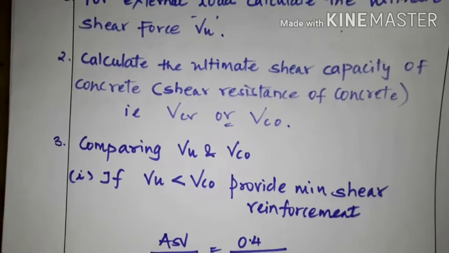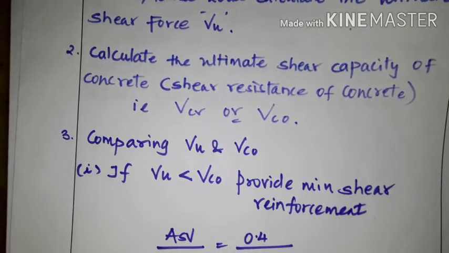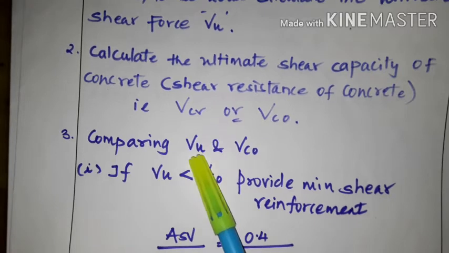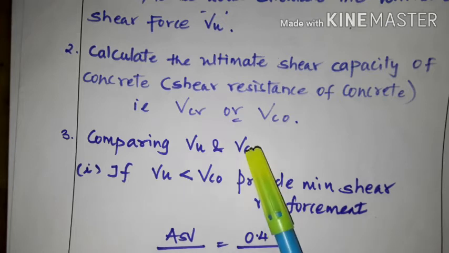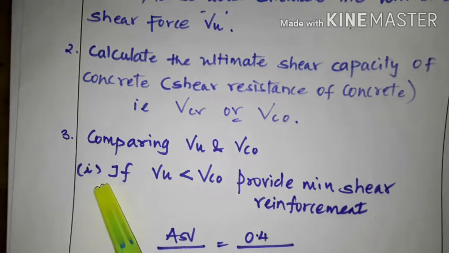You have to compare the shear acting on the beam, that is VU, and the shear resistance of the beam, that is VCO or VCR. So here we have to compare that.